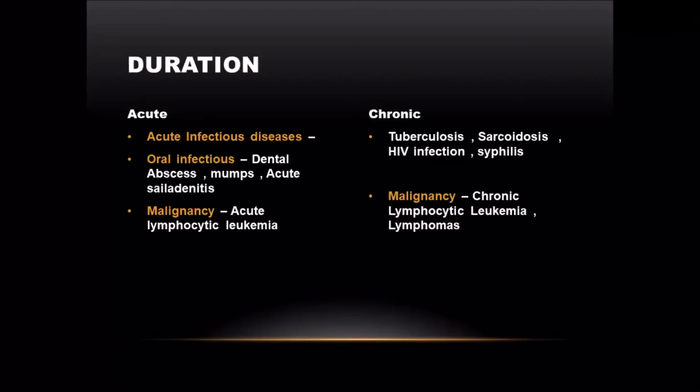Most of the infectious diseases that I mentioned cause acute lymphadenopathy, except tuberculosis, sarcoidosis, HIV infection, and syphilis, which cause chronic cervical lymphadenopathy. Malignancies such as acute lymphocytic leukemia cause acute cervical lymphadenopathy, and malignancies such as chronic lymphocytic leukemia and certain other lymphomas, as well as the metastasis from the primary source, cause chronic cervical lymphadenopathy.